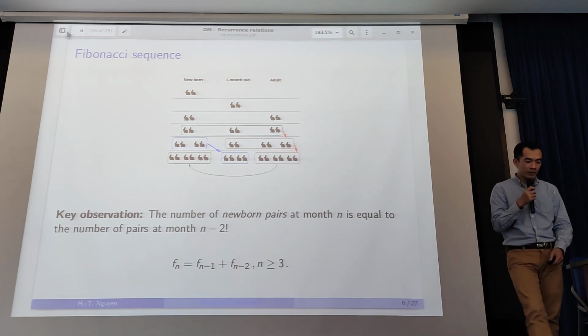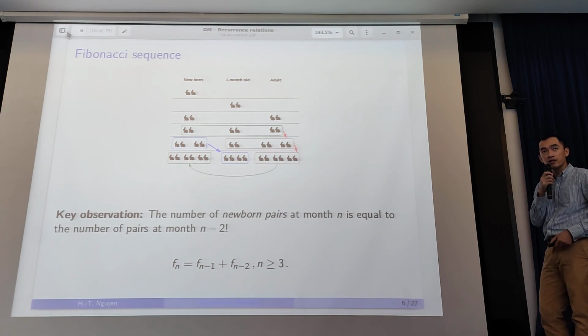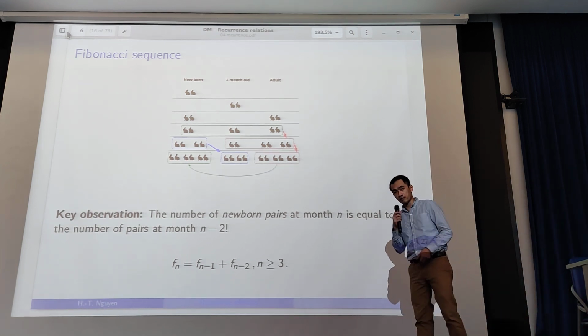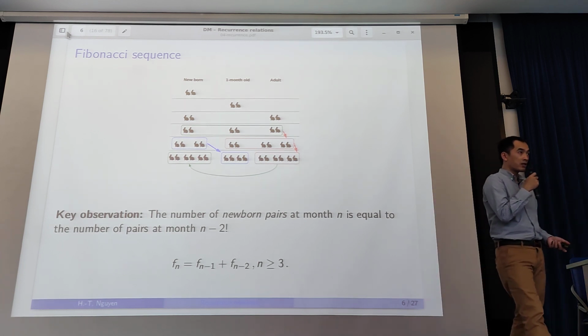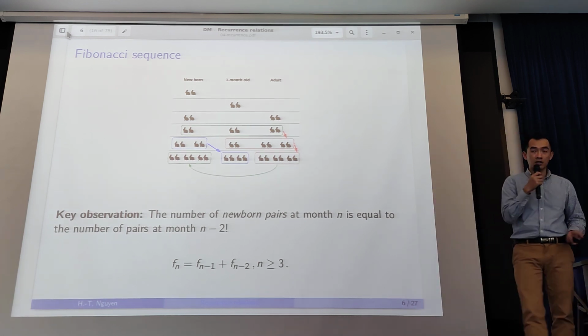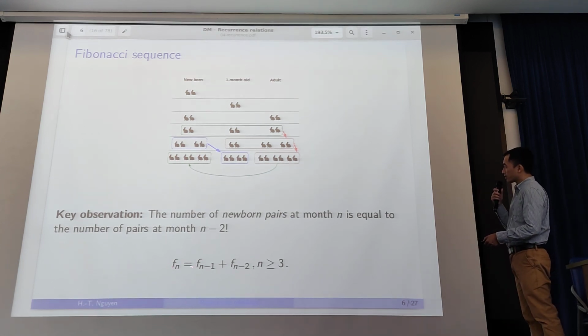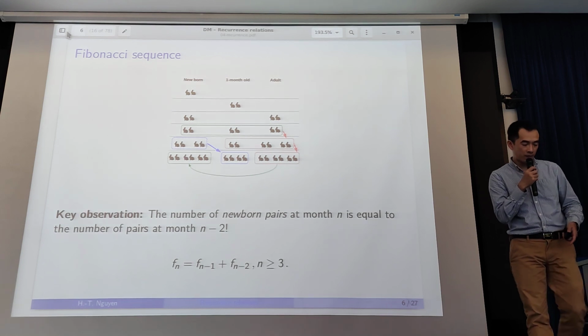Okay? So this is called our recurrence relation. But note that a recurrence relation alone doesn't define our sequence. Because from here you know that f3 is equal to f1 plus f2.